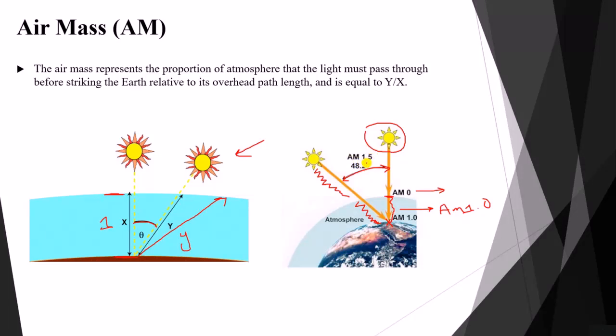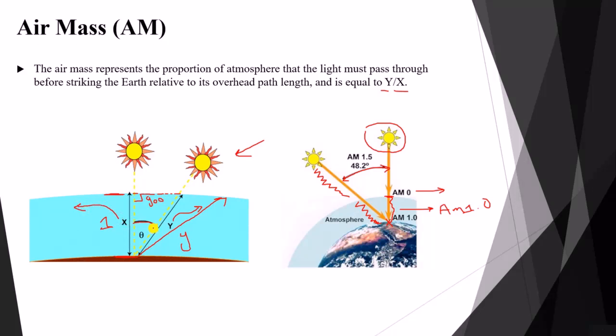So simply, what does the air mass mean? Air mass is the ratio between y over x. If you look at this figure, you can say that here we have 90 degrees. This is considered the hypotenuse, and this one is considered the adjacent.